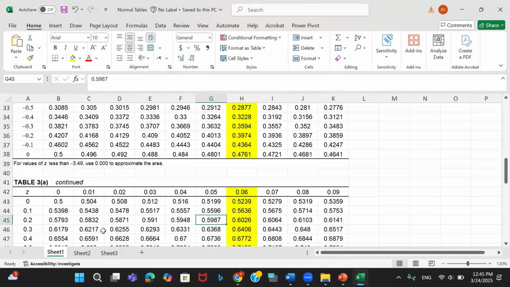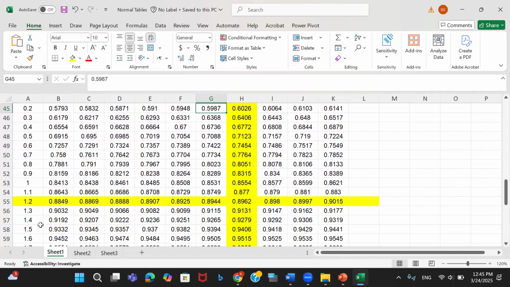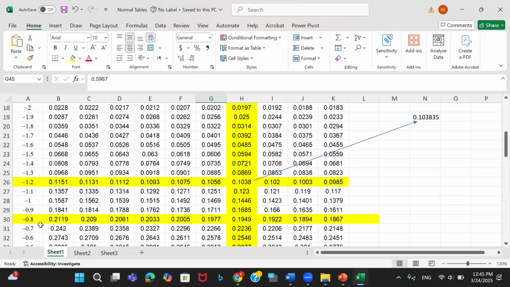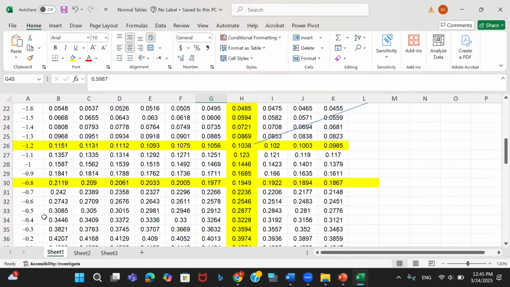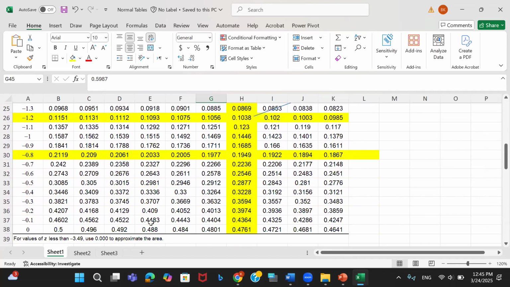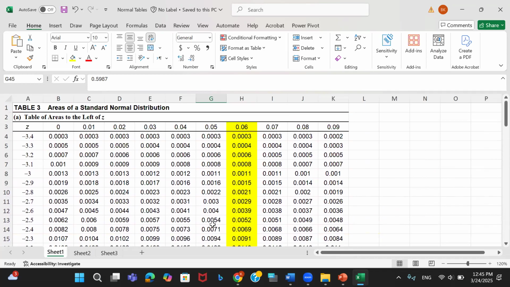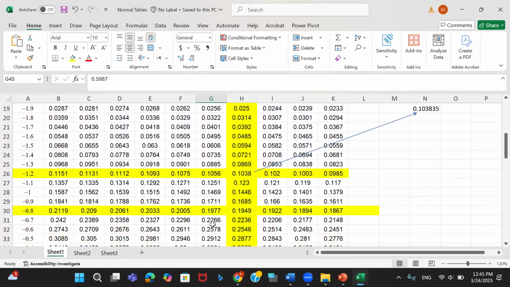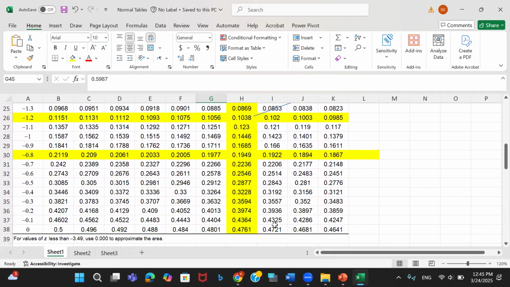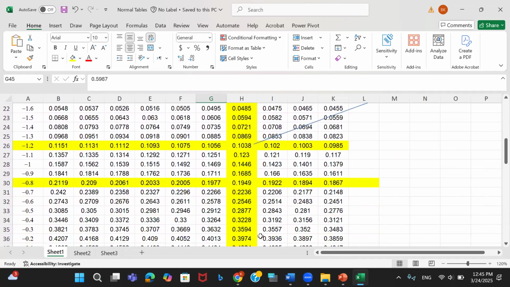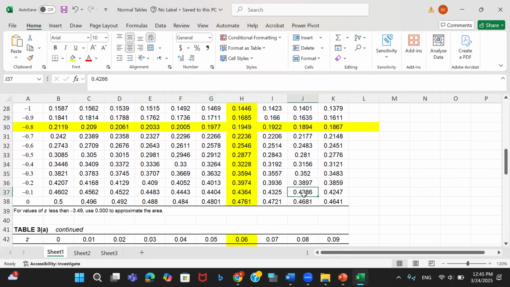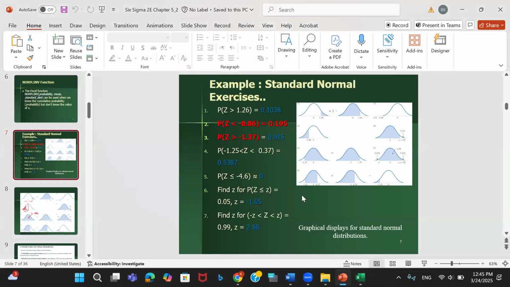So we said negative 0.86. I have this table, 0.1. I go to 0.1, and this 8. This is 0.18. I select the value in between these two values.